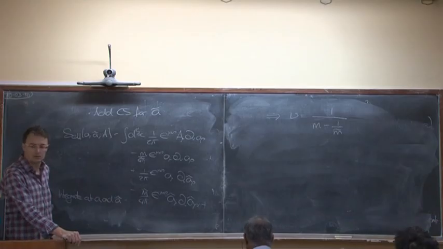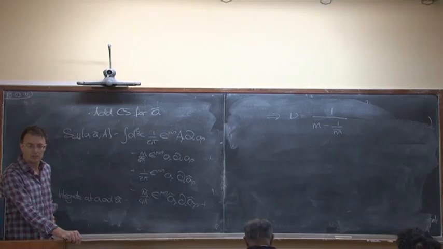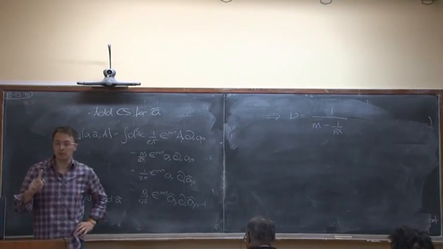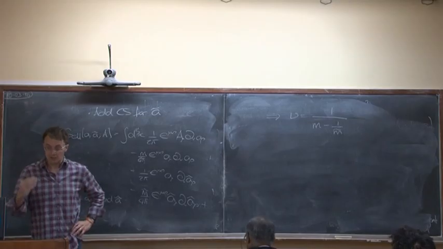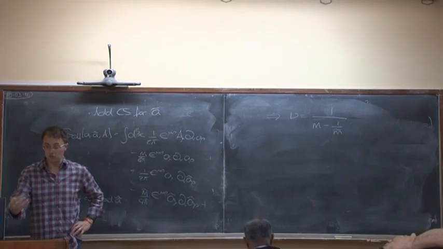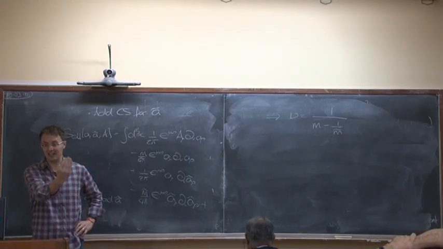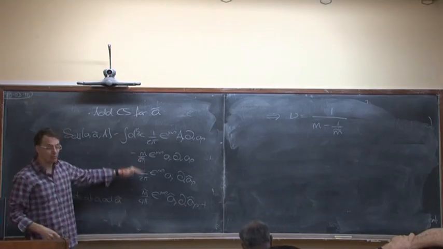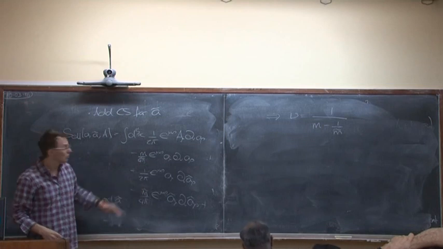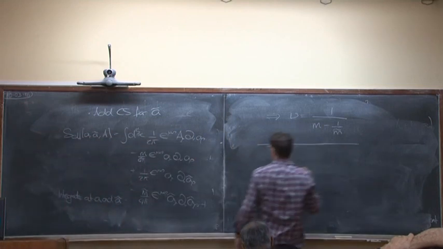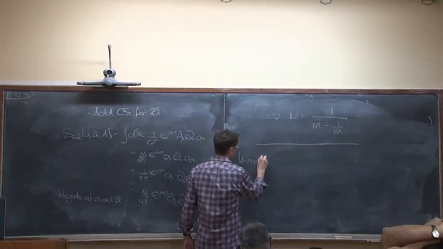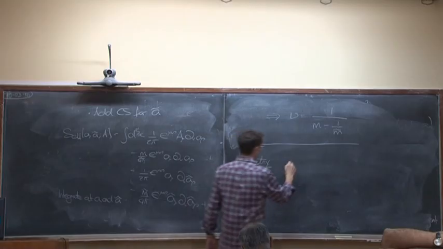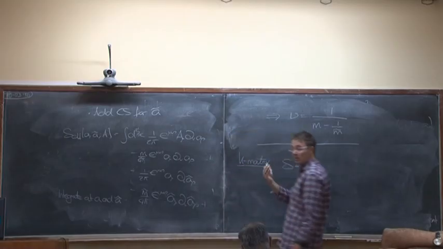Why doesn't the second emergent gauge field couple to the background field? Oh, by definition, the background field couples to the current, and I defined the current to be epsilon d little a. But I think what you're saying is that this isn't the most general Chern-Simons theory that I can write down. The most general thing I can write down is what's called a K matrix, and you have n Chern-Simons terms.